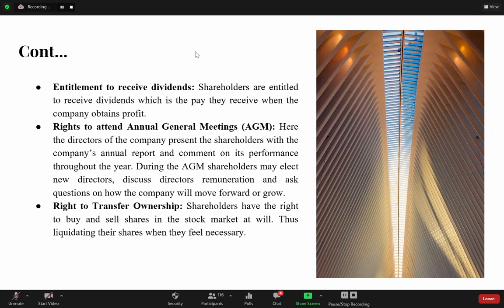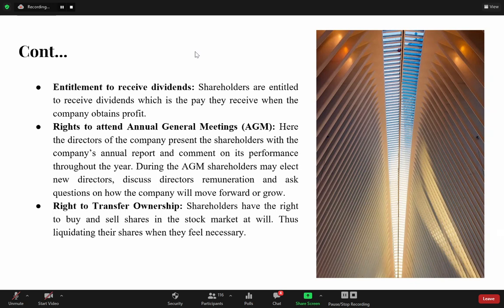Once it is approved, they're actually the first shareholders of the company. We can call them founding members, or they are the ones who initiate the corporation, and they are called subscribers. So by being a subscriber, they become the first shareholders of the company.